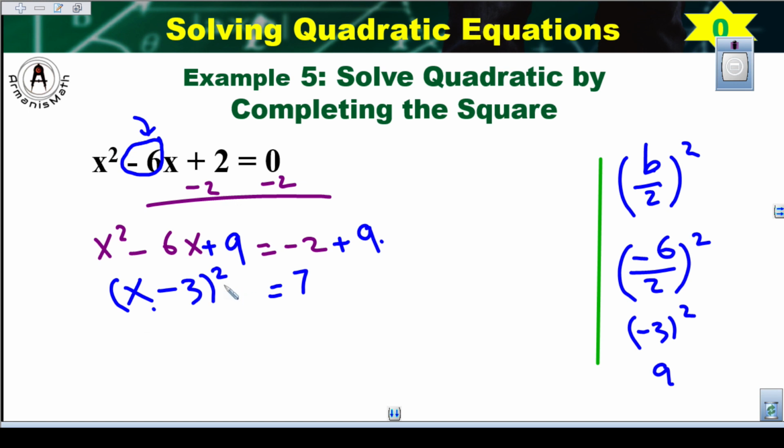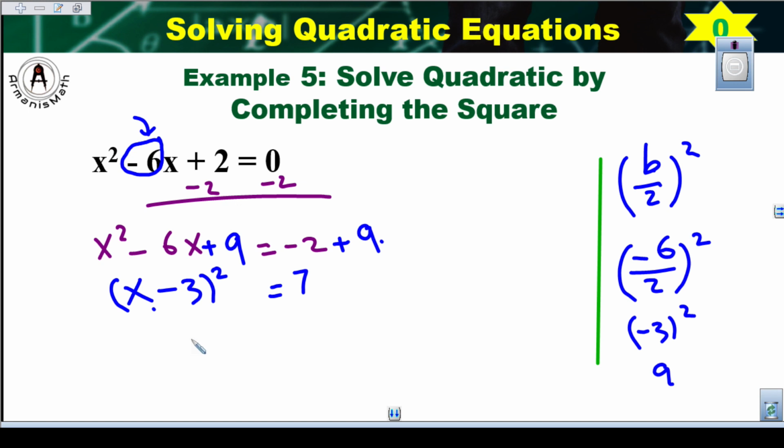X minus 3 squared would give you this amount at the top here, x squared minus 6x plus 9, because you could multiply the first, and then 2 times first times second, 2 times the first one, which is x, times the second, which is 3, that's -6, and then you're going to square the second, which is 9.